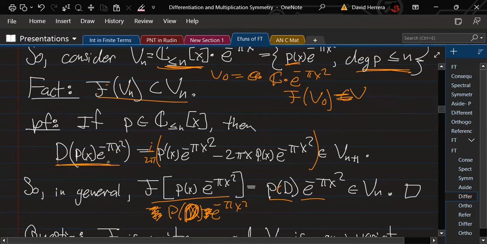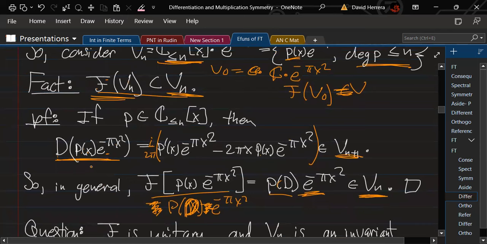If you differentiate a degree n polynomial times a Gaussian, it increases the degree by 1. So if I do lots of differentiation, at most n times, and then add them up, I'm going to get something inside Vn. So in general, f of Vn belongs to Vn. So these are invariant subspaces for the Fourier transform.